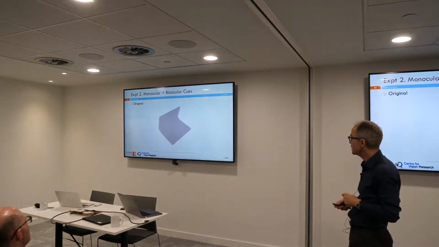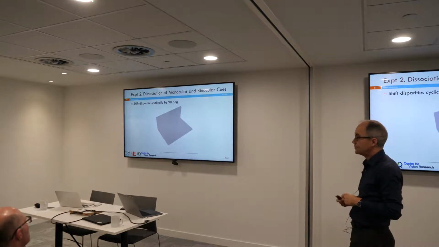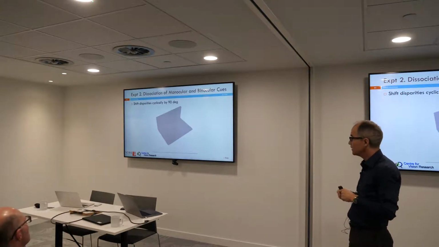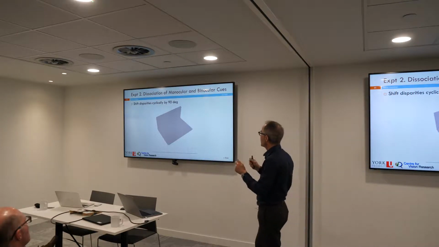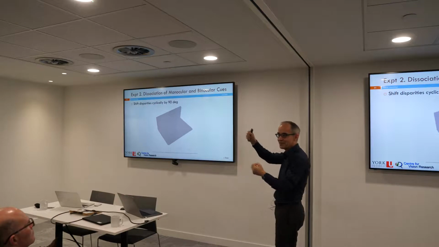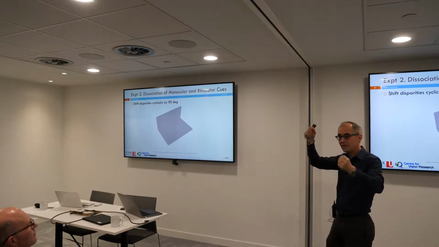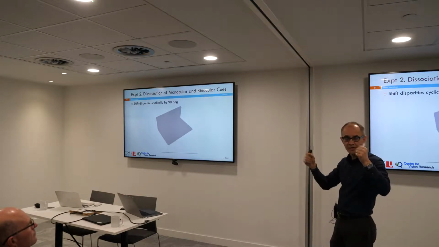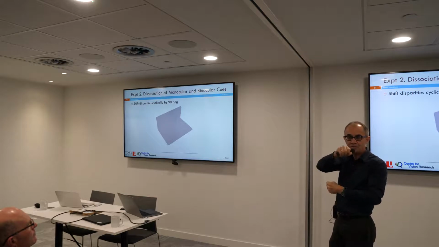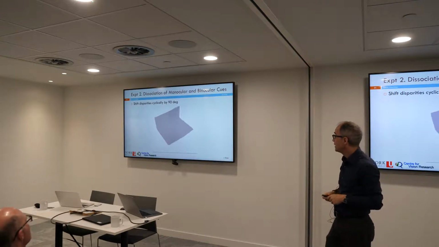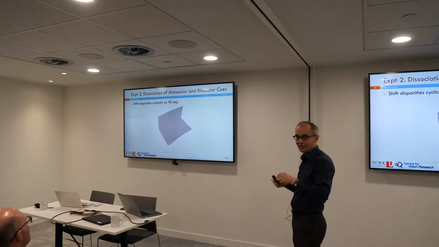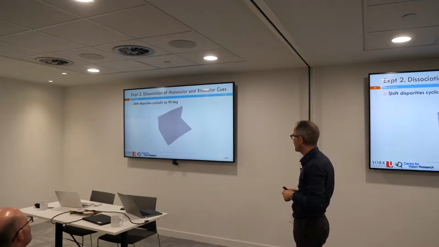So the question becomes, what happens if we introduce cue conflict and dissociate those cues? We have two ways of doing that. In the first way, which is kind of perverse, we take the disparities and rotate them cyclically 90 degrees around the object. Now there's no proper correspondence between the disparity and the shape, and that gives you this kind of weird, distorted object.